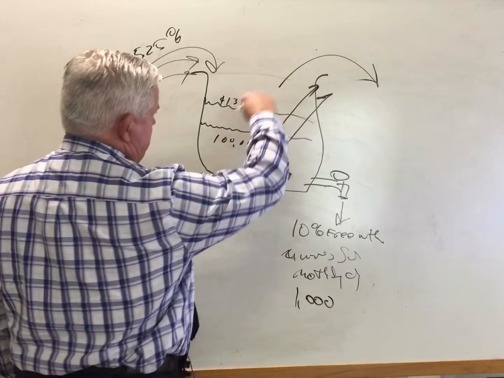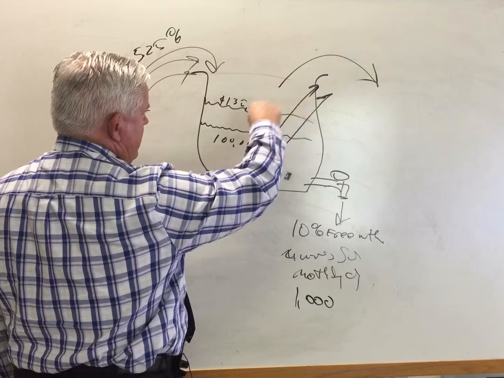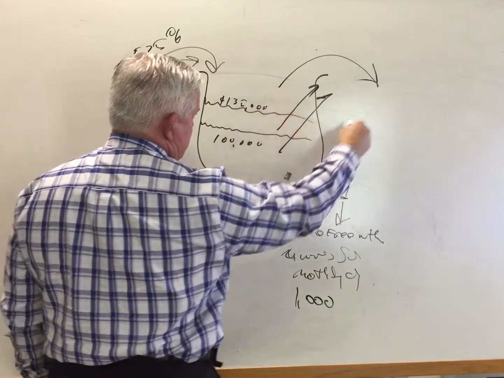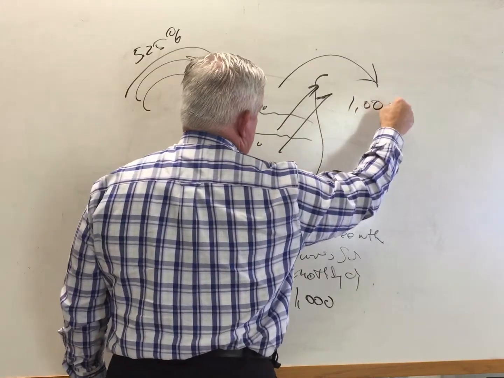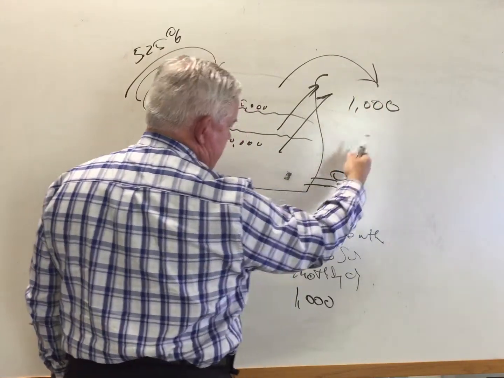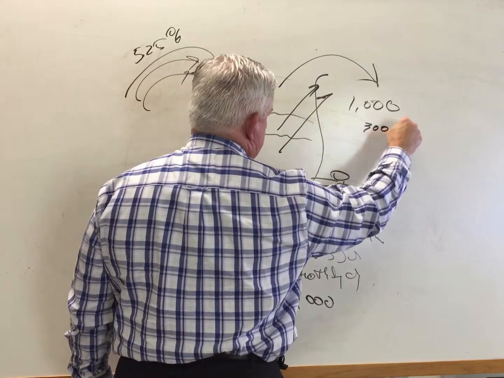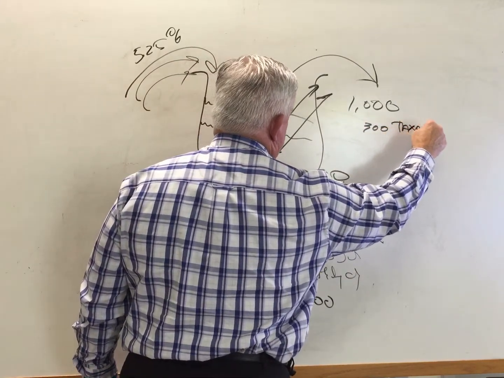Say you're taking money out here, out of the top, well, you're getting a percentage of the interest and a percentage of the principal. So you might get $1,000 a month off of there, and then $300 of that is taxable monthly.